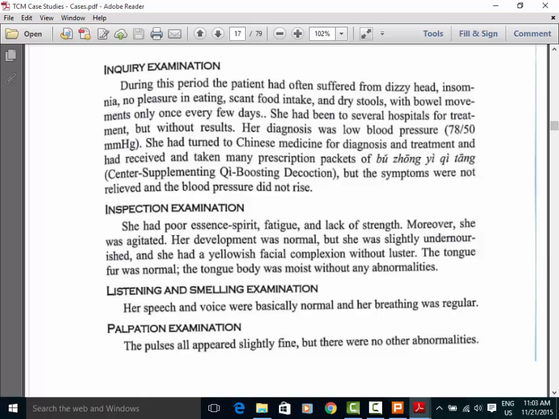Dry stools with bowel movements only once every few days. Who can explain that? Fire? You think so? You're making too many assumptions. You have to be careful. Blood deficiency can also cause constipation of this type.